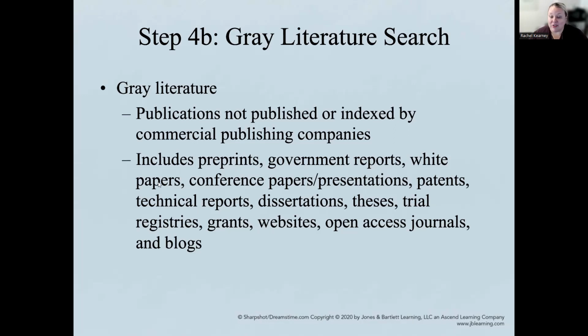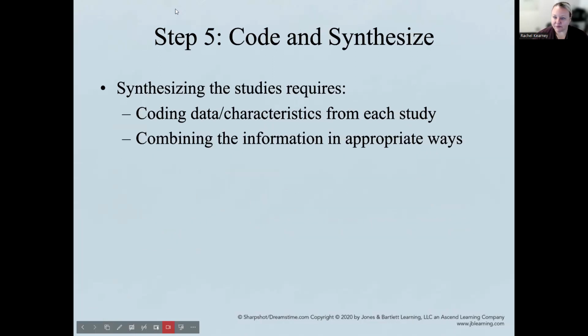There could be white papers that don't come up in databases. Papers and presentations may not come up. Technical reports, dissertations, and theses a lot of times will not show up in a database unless you're specifically looking for those. Lots of different areas where you could find literature that just isn't published necessarily in databases, in the journals that are in the databases. And so it's important to look at that gray literature.